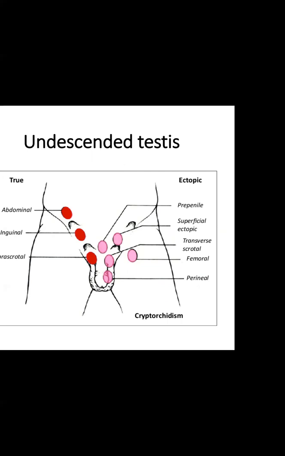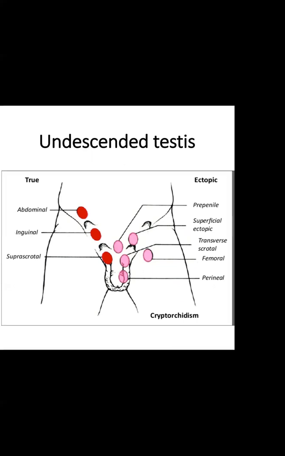The true undescended testis might be found along the testicular pathway as it comes from the abdomen. You might find it at the abdomen, at the inguinal region, or suprascrotal.